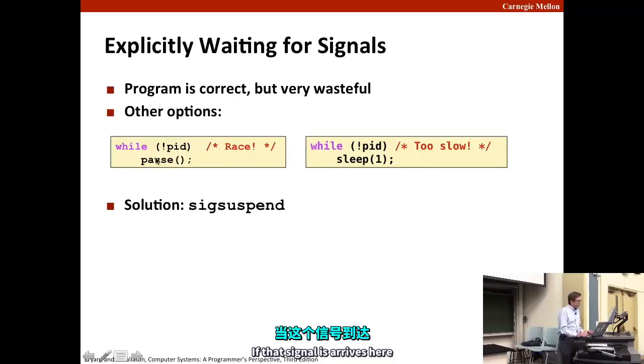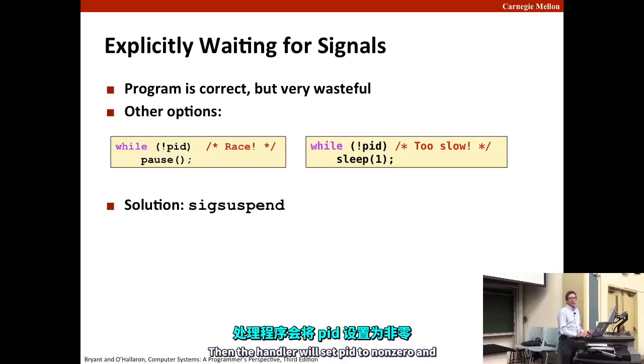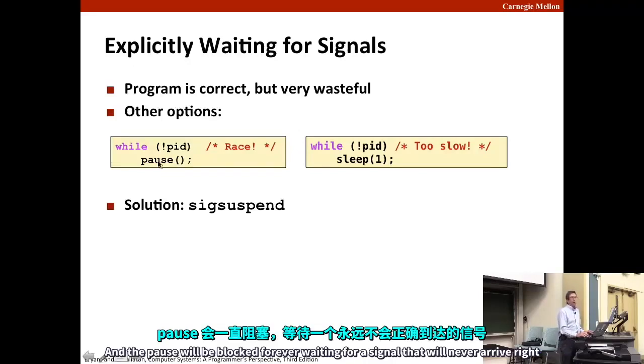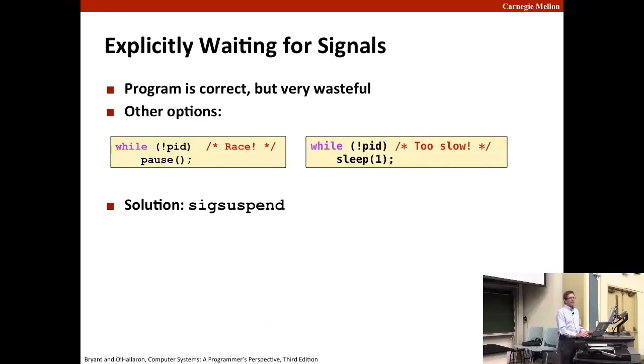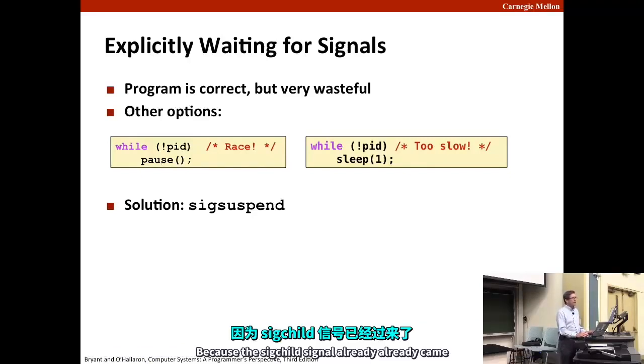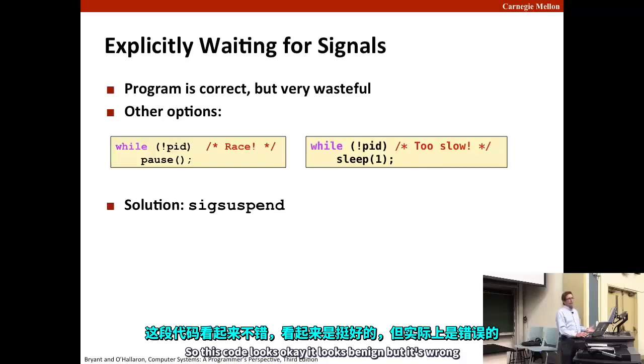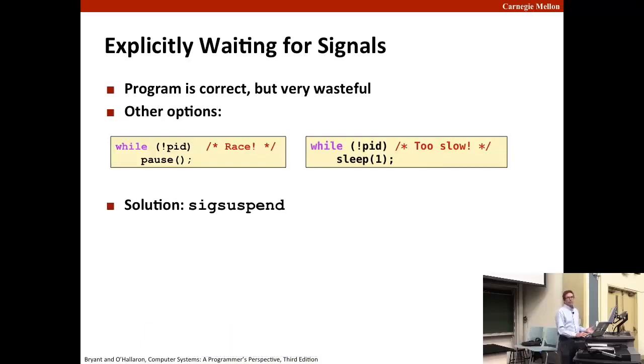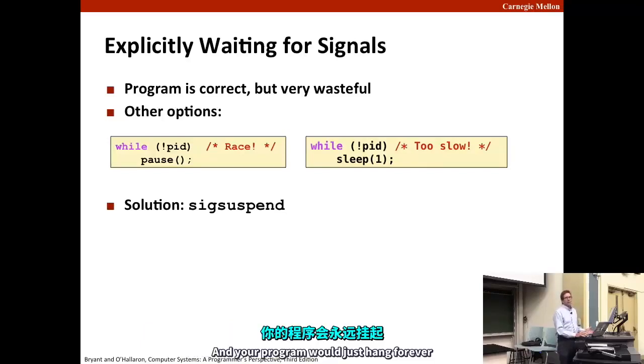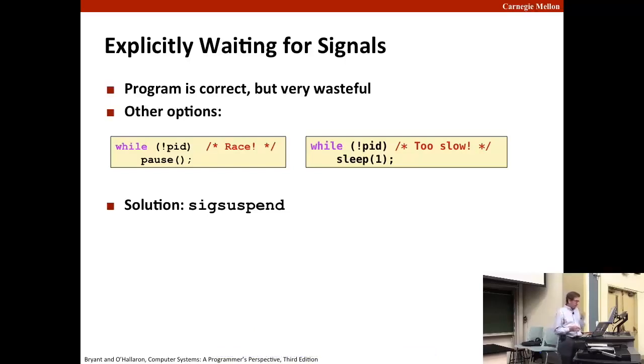If that signal arrives here, then the handler will set PID to non-zero, and then we'll execute the pause, and the pause will be blocked forever waiting for a signal that'll never arrive, because the SIGCHLD signal already came. Very subtle, right? So this code looks okay, it looks benign, but it's wrong. And your program would just hang forever.